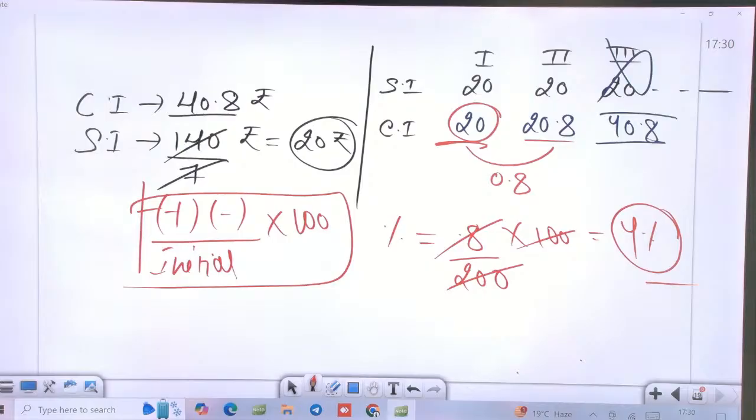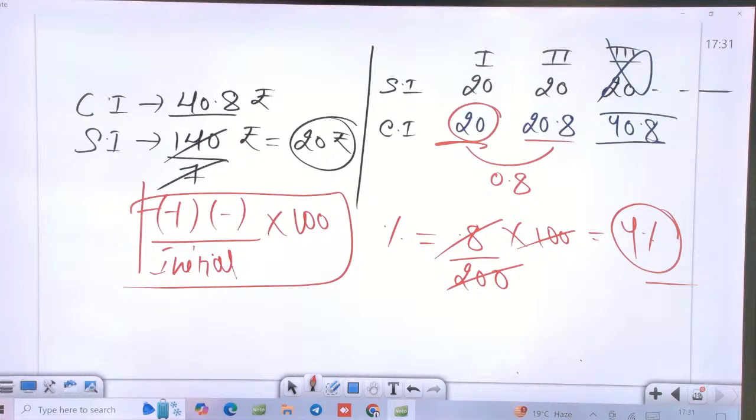Write everything. Don't worry. NOTE. I think you will understand by your own, but I think it's mandatory now to write. Write the first thing: SI and CI for the first year, at a certain rate, are same.